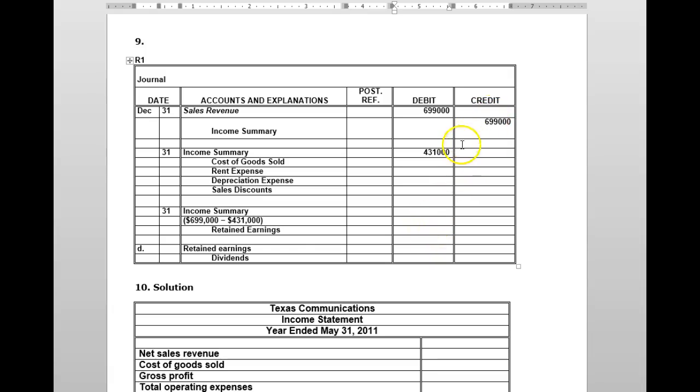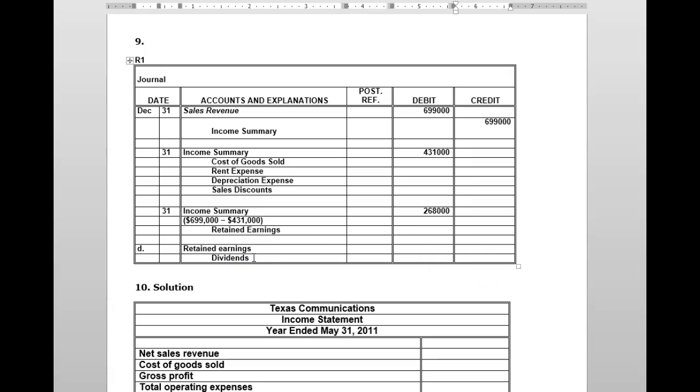Now that is going to be a credit to retained earnings because that's a profit, correct? This credit balance is higher than this debit balance in the income statement. I want this to be 0. So I have to debit income summary for the difference. And that difference is, and then obviously you're going to do a credit here.